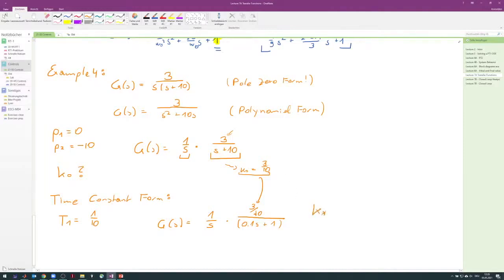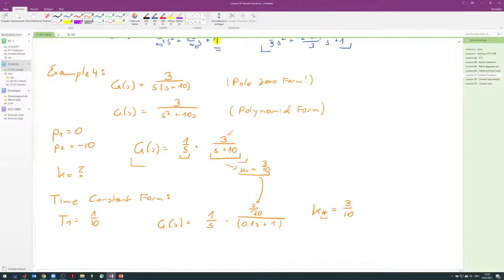That's why in the lecture we're going to call that K star, to indicate that it has something to do with K0, but it's not really a K0. I mean, you can call it static gain, which is infinite, but yeah, you need to be careful, right?